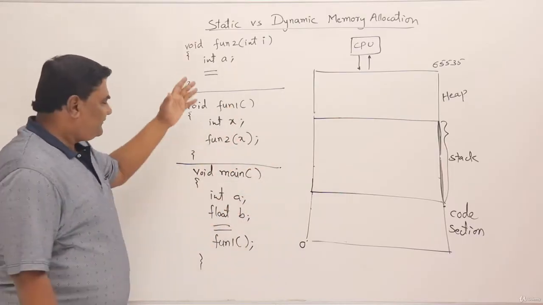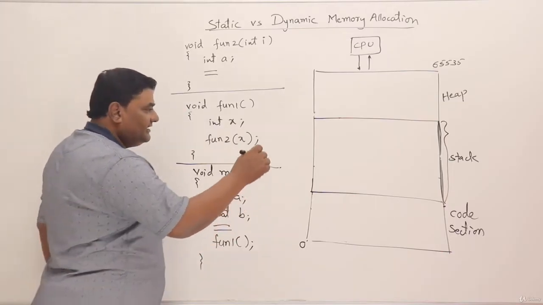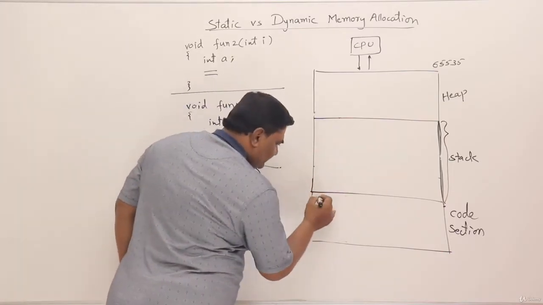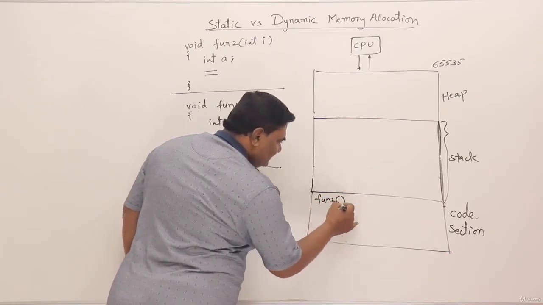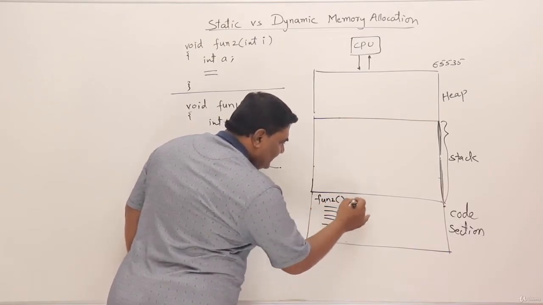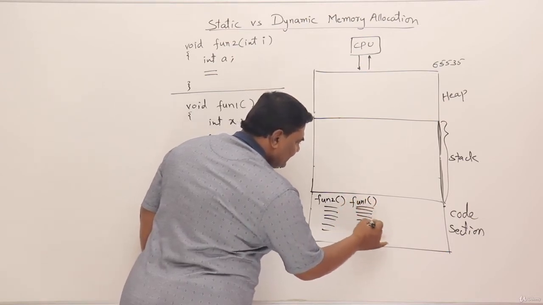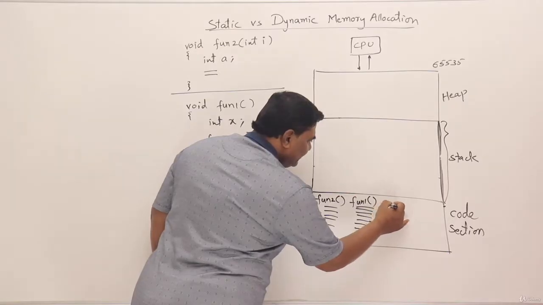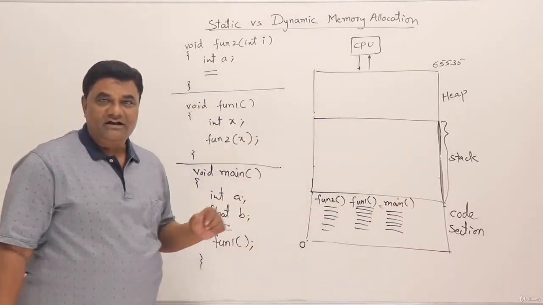First of all, when I want to run this program, the machine code of this program will be copied into the code section. So I will write it like this: this is the machine code of fun2, this is for fun1, and then this is the main function. Now this is the machine code for the entire program.